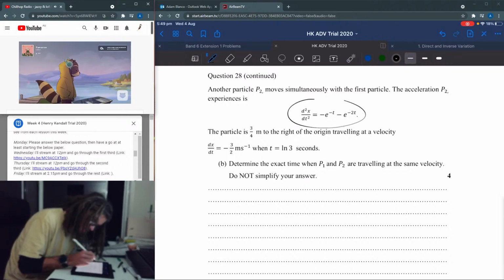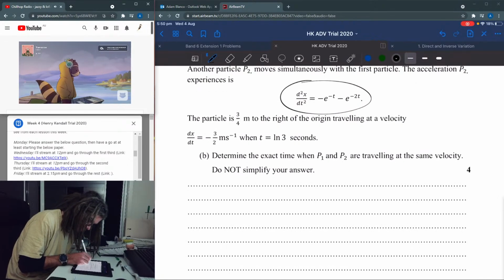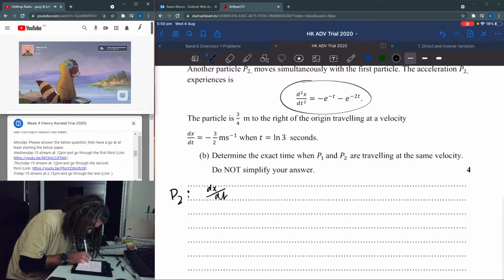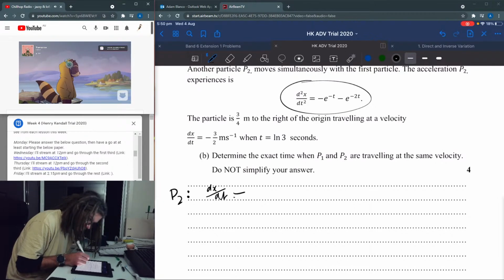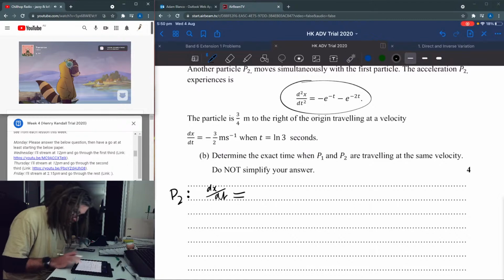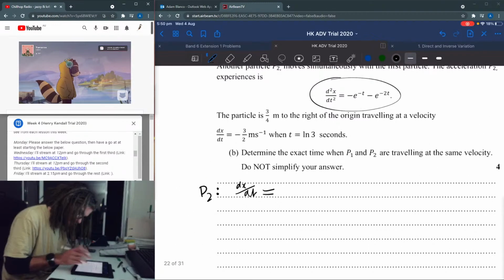So this one, let's find the first derivative. These should be named different things. Let's do this. P2, particle 2, dx dt. So I'm going to integrate this one up here. It's the same function, is it? No, that was a plus. This is a minus.